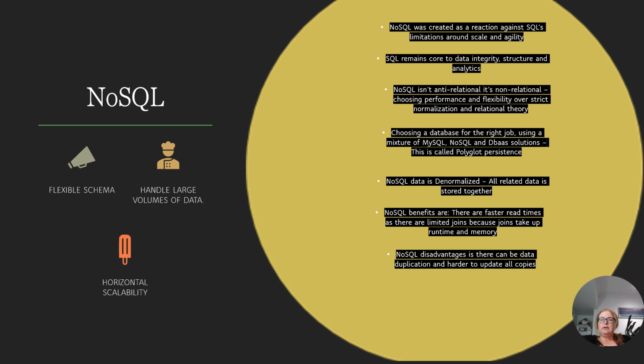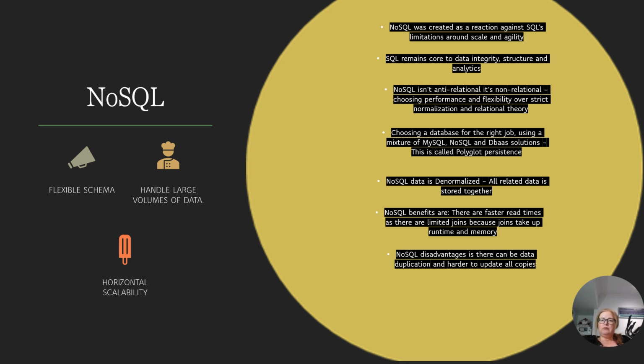NoSQL was created as a reaction, as I said, to SQL's limitations around scale and agility. SQL remains core to data integrity, structure, and analytics. But NoSQL isn't anti-relational. It's non-relational, choosing performance and flexibility over strict normalization and relational theory.